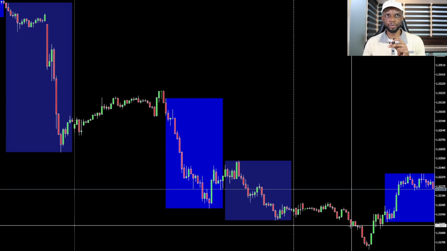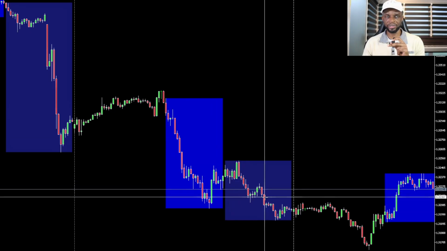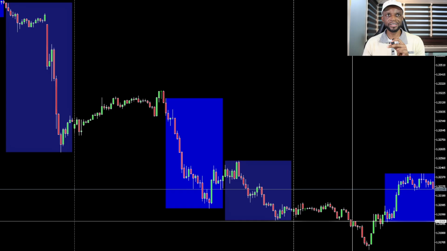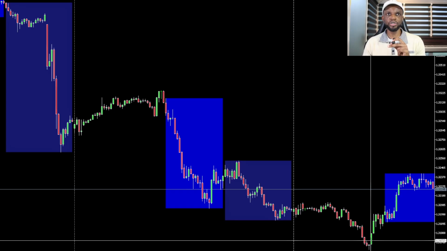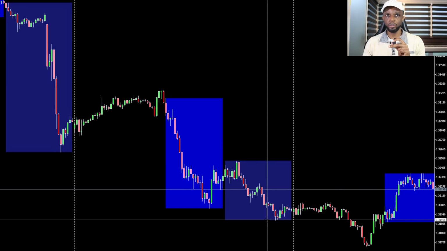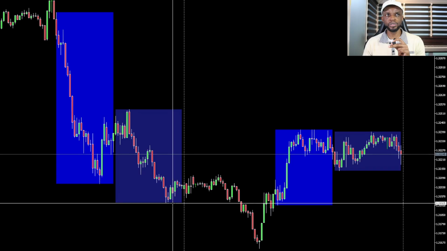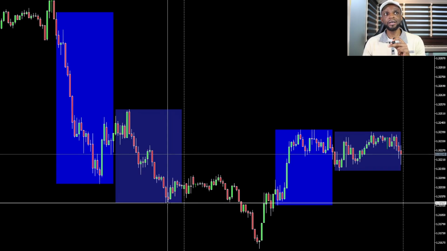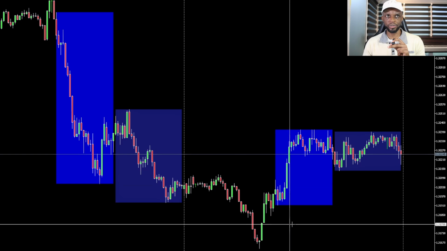You can see where it broke the low of the previous day, which was Thursday. Here it broke it and then continued going down, and then came back up to close above the low again. You can also say it came back up to close above the low of the previous day's New York session.